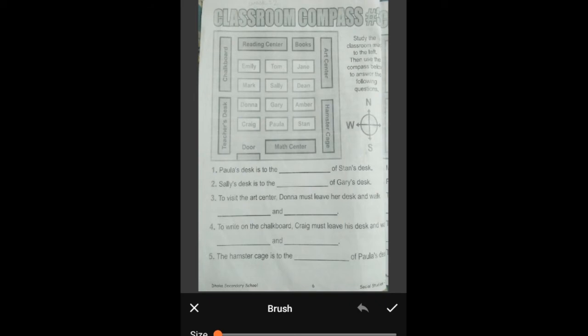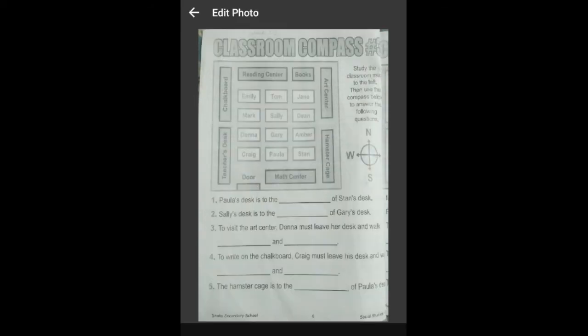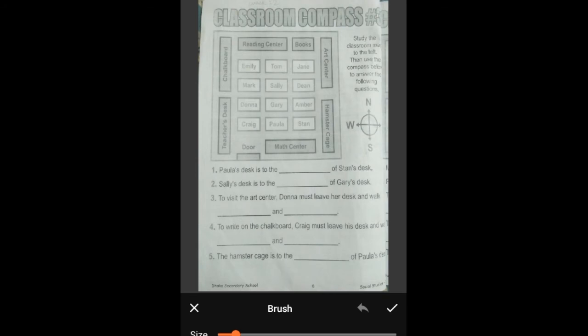Okay, now come to the third one, that you can see on your screens. The third one is: to visit the art center, Donna must leave her desk and walk dash and dash. Now we have to find the location of Donna. Where is Donna?